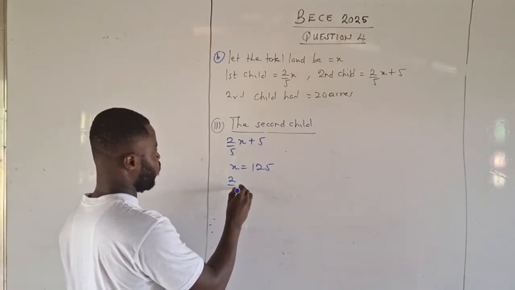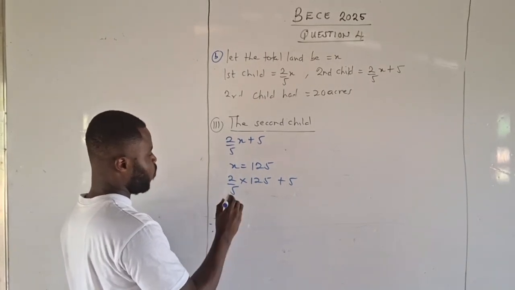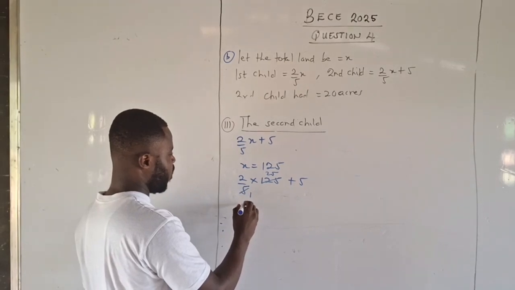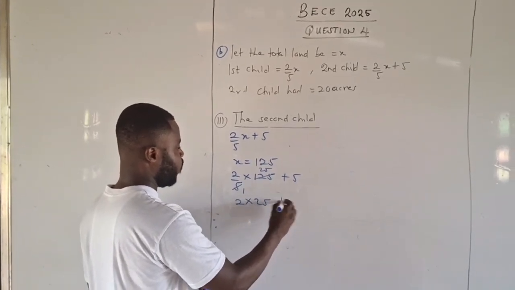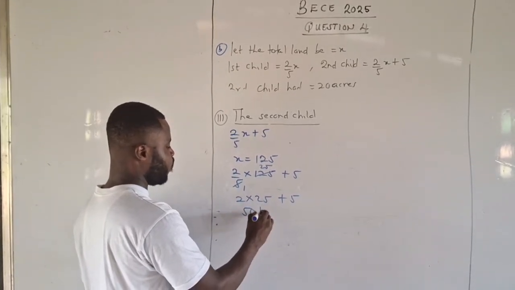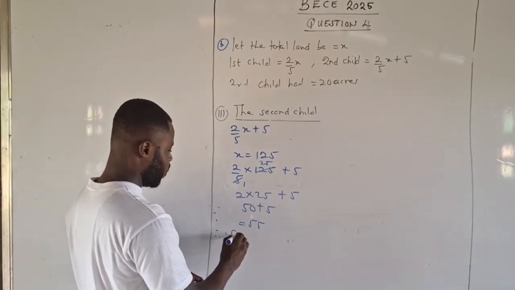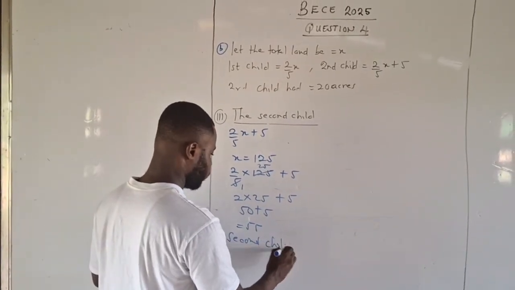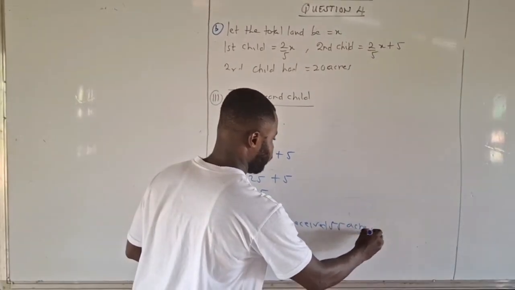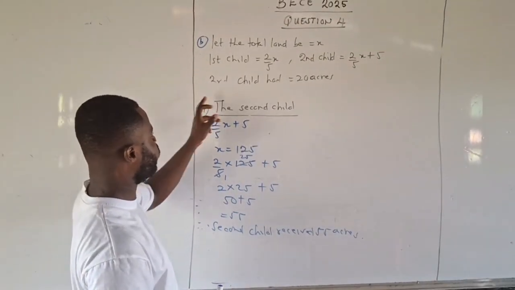So we have 2/5 times 125 plus 5. 5 going into 125 is 25 times, so now we have 2 times 25 plus 5. Multiplication first, then addition. So we have 50 plus 5, which is 55 acres. So therefore, the second child received 55 acres.